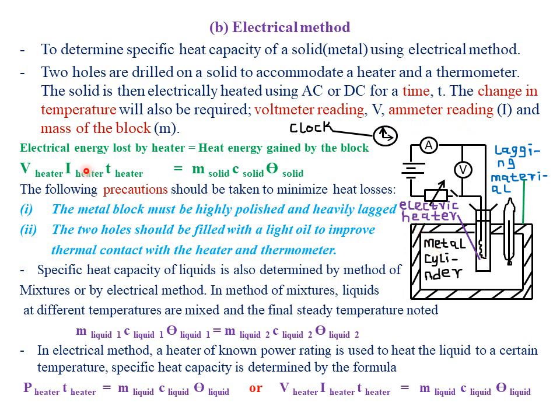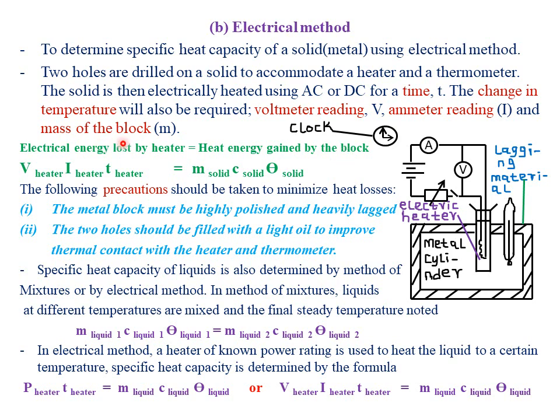So from the law of conservation of energy, the electrical energy lost by the heater, because in this case it is the heater which is supplying the heat, must be equal to the heat energy gained by the metal cylinder or the metal block.